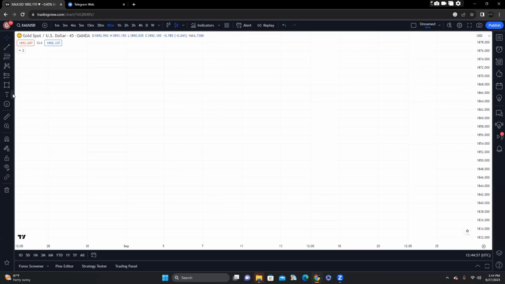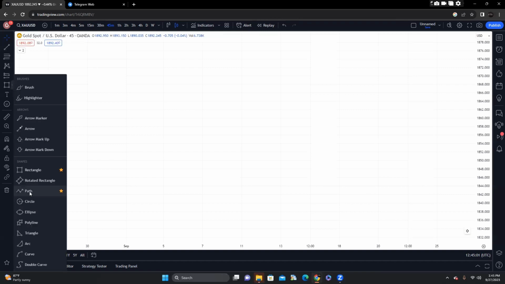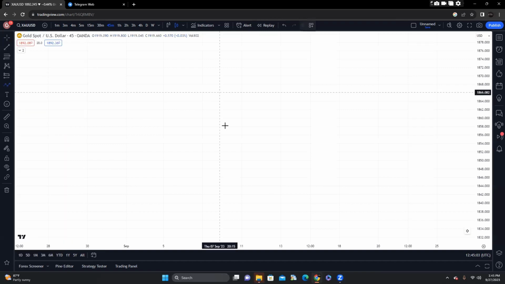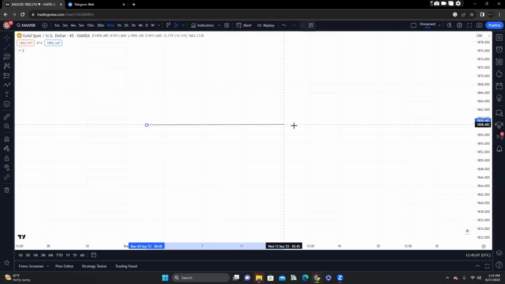We can have a market build up like this, right? So let's say we have a strong 4-hour support. This is our support level, and it's very strong.